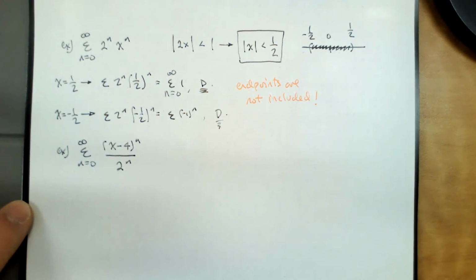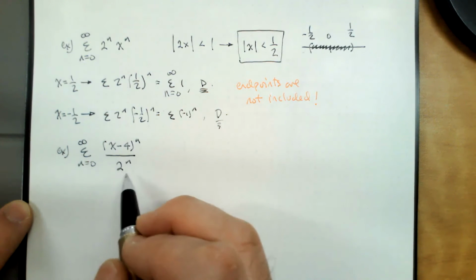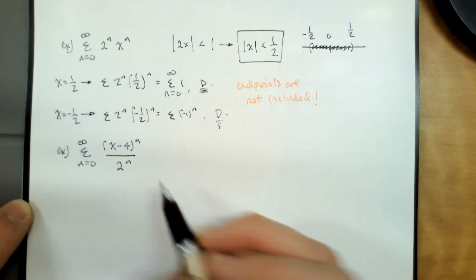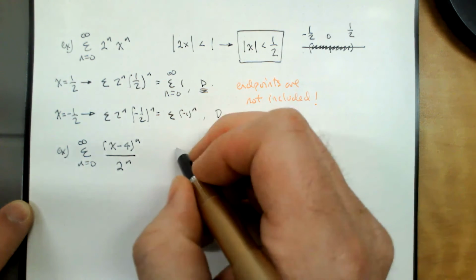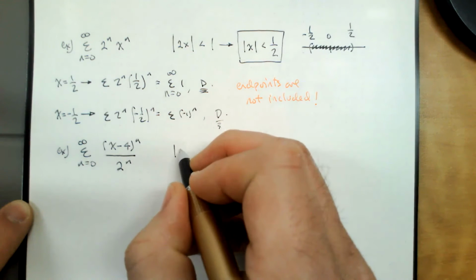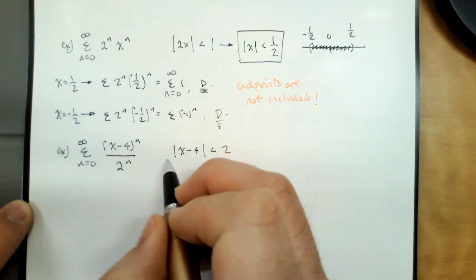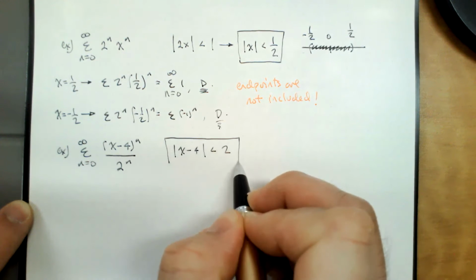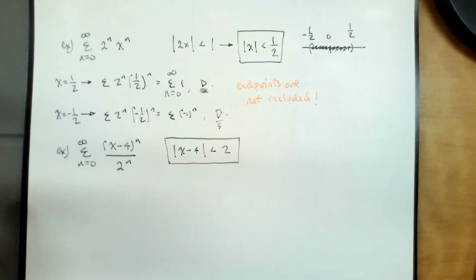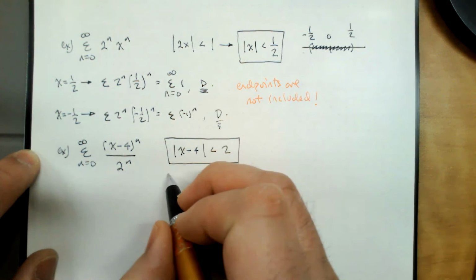The limit from the ratio test is going to be absolute value of x minus 4 over 2. To solve for x, multiply everything by 2. So we expect our interval of convergence to be absolute value of x minus 4 has to be less than 2. We're also going to notice that there's no polynomial stuff in n. So the ratio test is going to come up 1 at the endpoints. So we can read that the endpoints are not included.